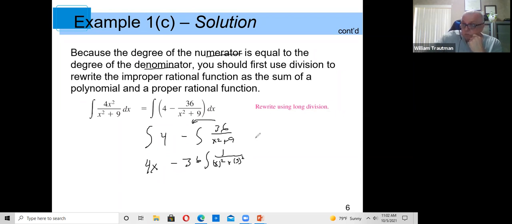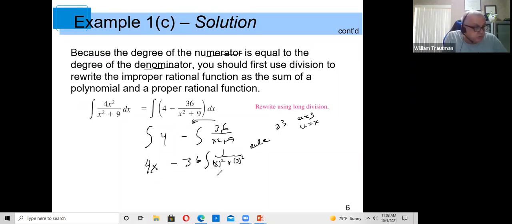And this is rule 23. Once again, if you look at rule 23, and then you just have to label A and U. A is 3, U is x.